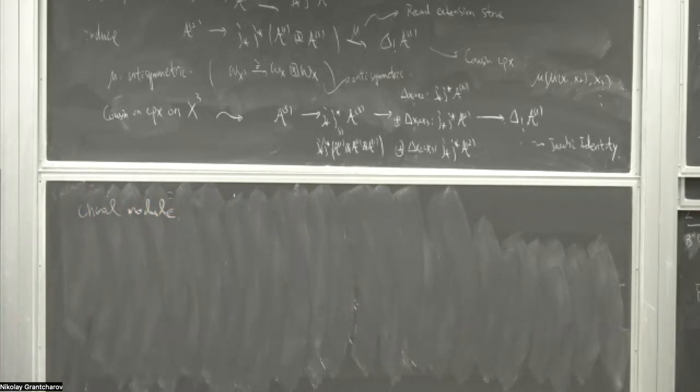Similarly here, I could replace one of the A by M. Then there's no anti-symmetry, but there's the so-called Jacobi identity, which basically tells you that it's a Lie algebra action, and there are also units.